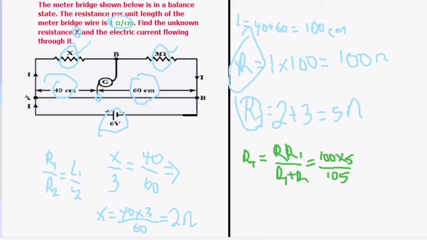That will give us 105. 100 times 5 is 500, divided by 105, and that is going to be equal to 4.76 ohms. So the R total is equal to 4.76 ohms.